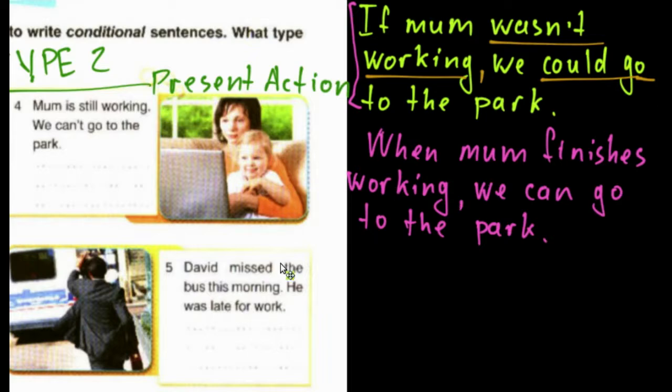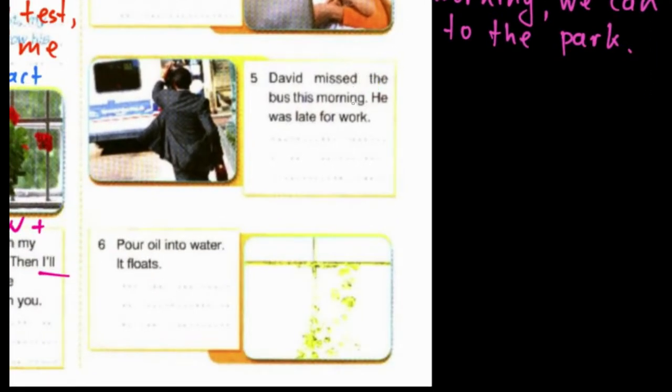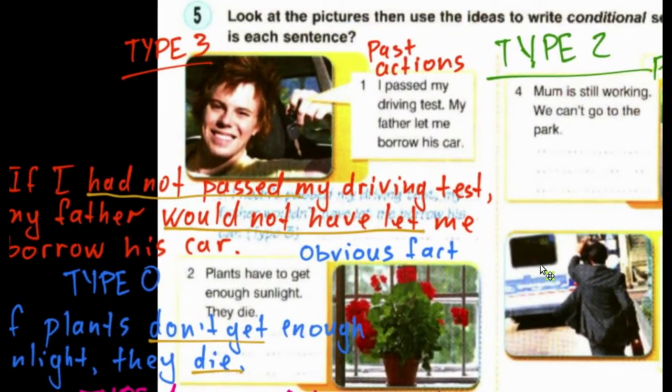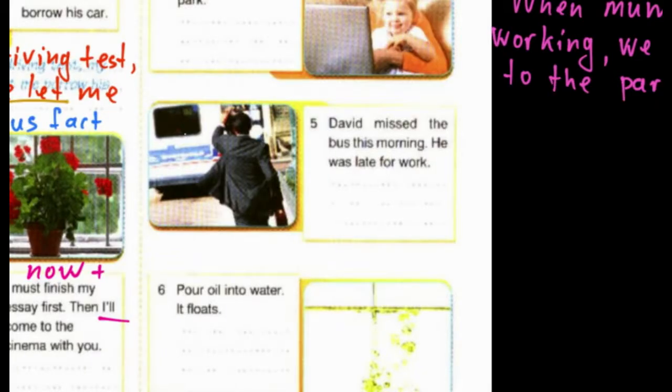Okay, what about number 5? David missed the bus this morning. He was late for work. So here we have just the situation like in number 1. It is a past action. In the morning, so the morning has ended. And here we talk about the past. So here, if we talk about the past, we use type 3.